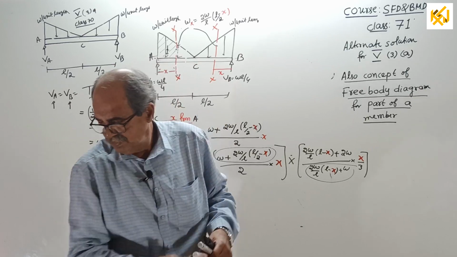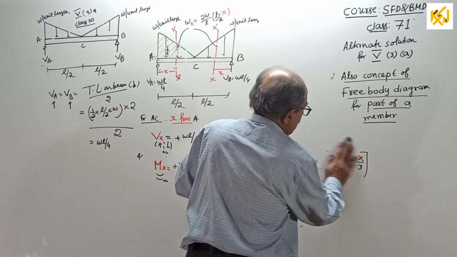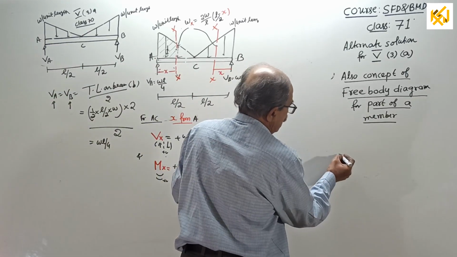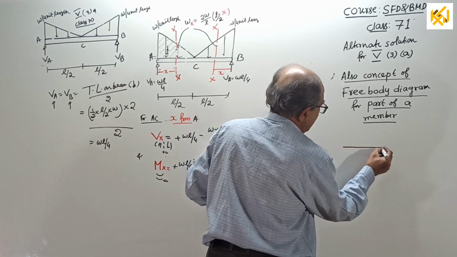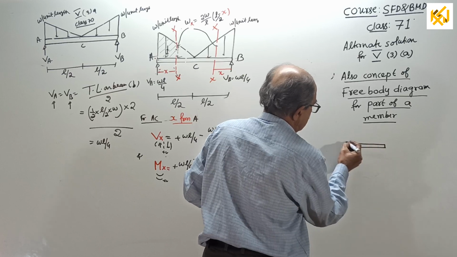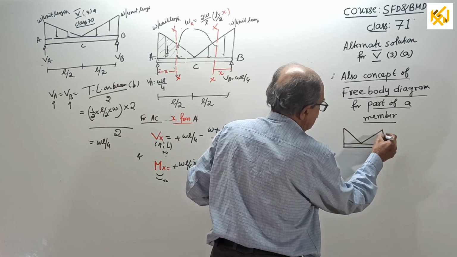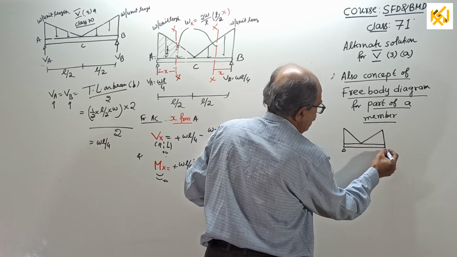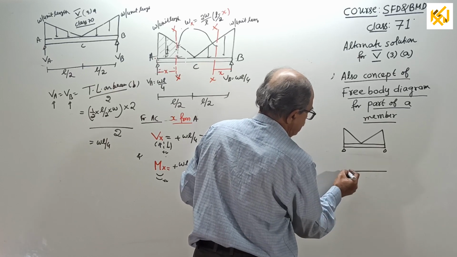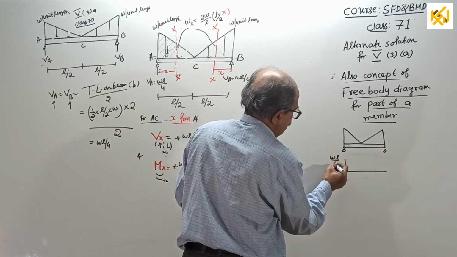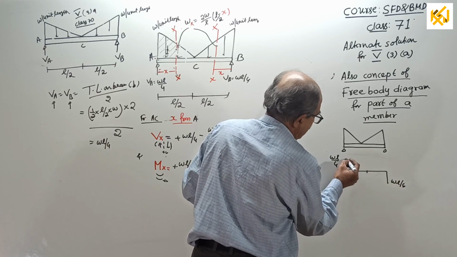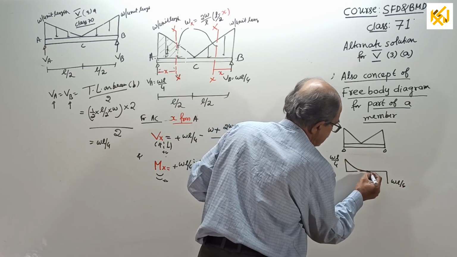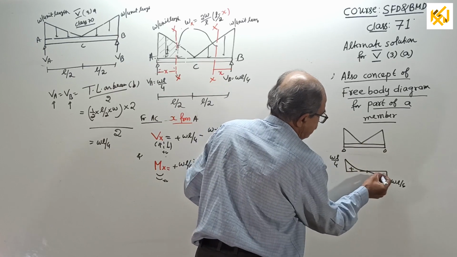I will write the answer here. Finally, what did you get? In the available space, roughly, in small letters, write the values. Shear force diagram: we got WL by 4 here, here also WL by 4, and 0 here, this way, plus and minus.